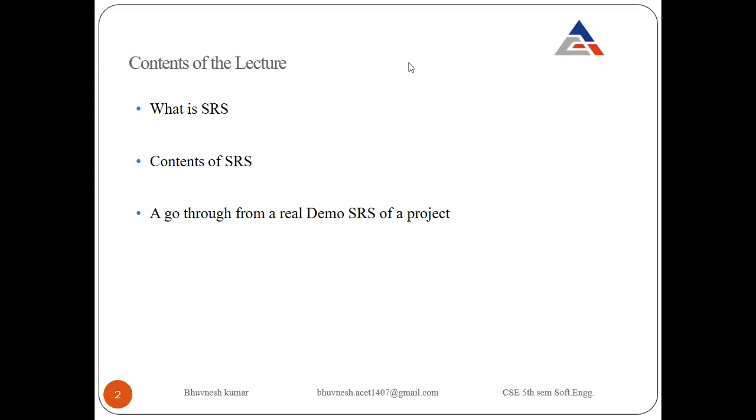Then we study the contents that we will write in our SRS: the purpose, scope, existing project or your new project content, functional requirements, non-functional requirements, graphical notations, software requirements. All that content should be mentioned in your document.